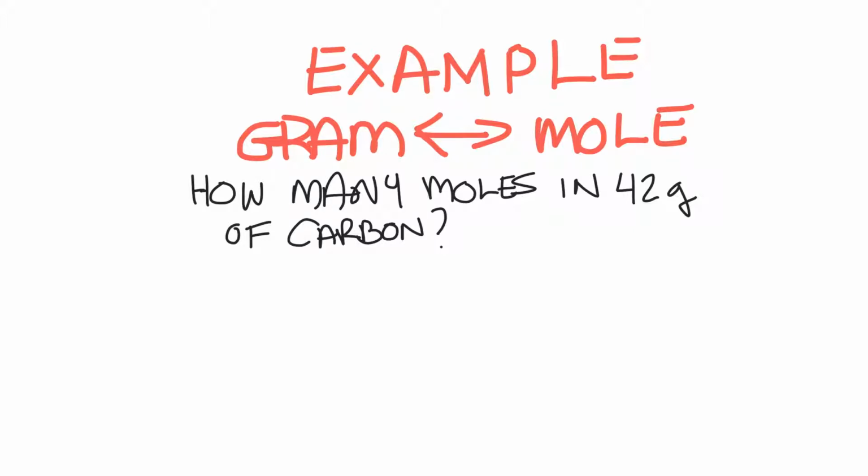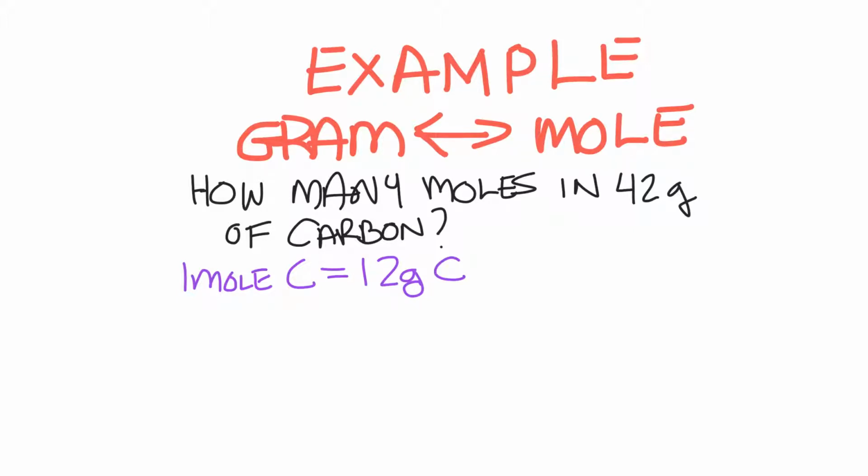And when I do that, I find out that 1 mole of carbon equals 12 grams of carbon. So that's my molar mass of carbon, 12 grams, I get from my periodic table. And there's my conversion factor right there. 1 mole equals 12 grams of carbon.